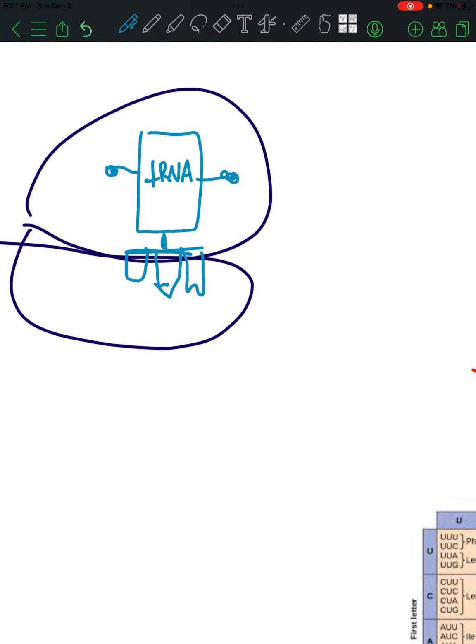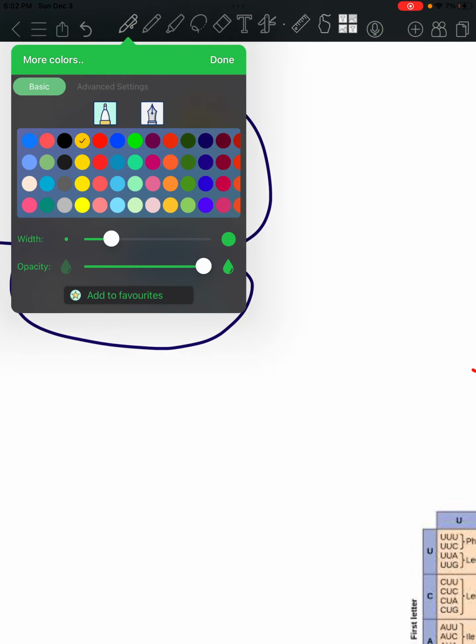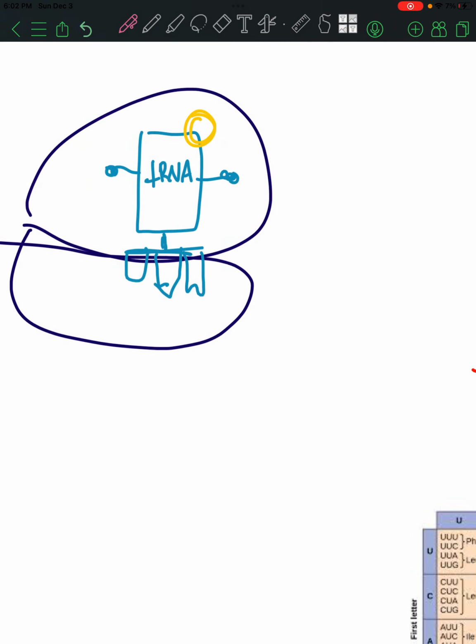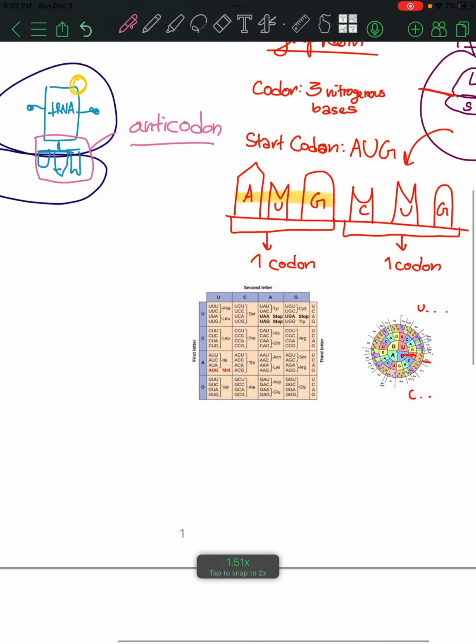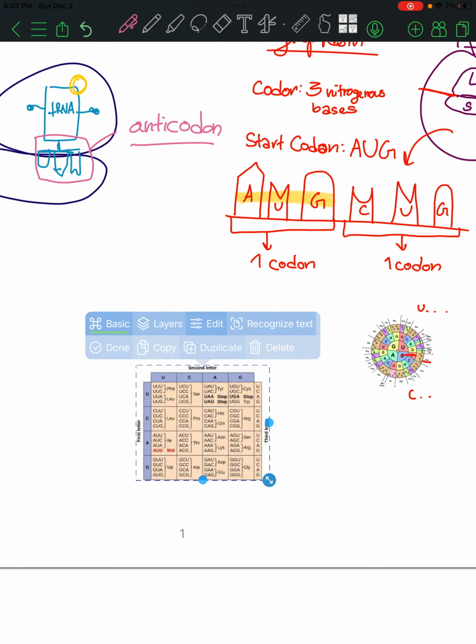And tRNA has a few main parts. The most vital important part to recognize is this portion. This is called our anticodon. An anticodon is the complement of our provided codon. So for example, when we have this codon, AUG, our complement, let's see if you know, is going to be UAC, right?